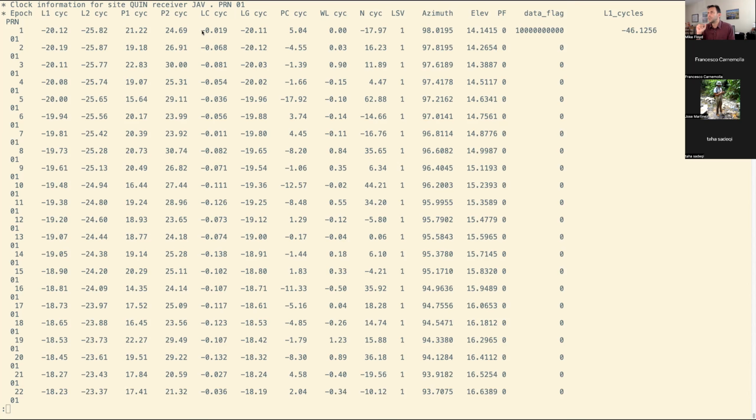So you could plot the LC cycle, I think, would be the one that you would want to plot to see the residuals over time. And this is just epoch 1, epoch 2, epoch 3, epoch 4, and so on. So that's just the number of 30-second epochs past midnight, the beginning of your day. So you could do it that way.